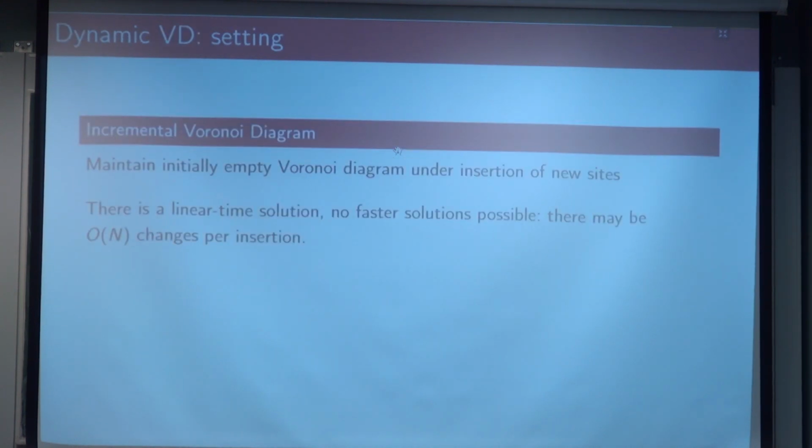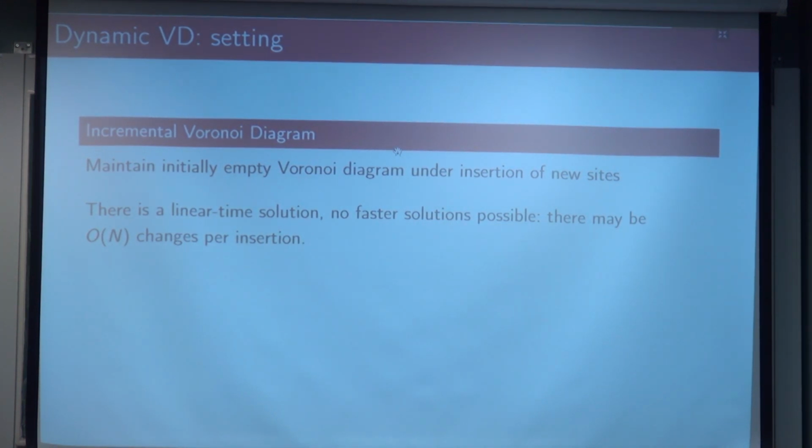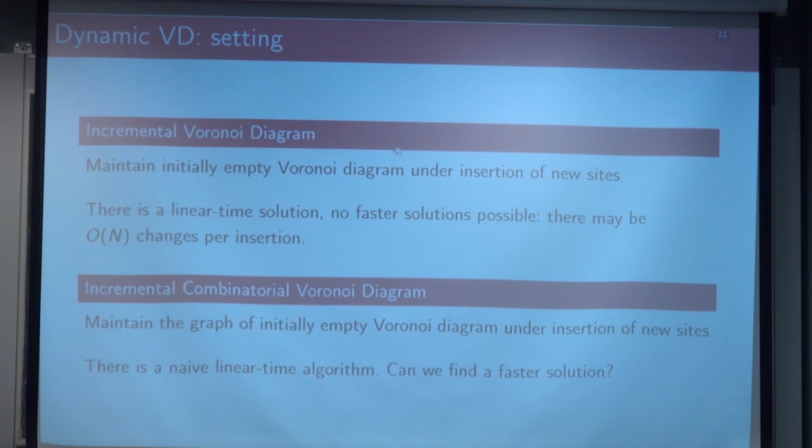And there is a known problem of maintaining a Voronoi diagram under insertion of new sites. There is a known linear time per insertion solution for it, and there is a theorem stating that no faster solutions are possible because there may be really many changes per insertion and we have to implement them all. But we can consider another problem, which also has many applications: to maintain the graph of the Voronoi diagram, what is where.